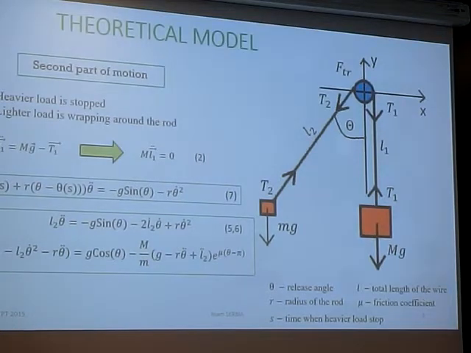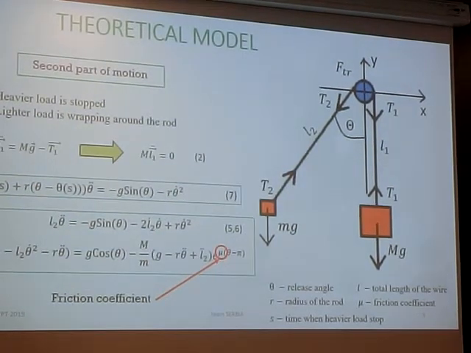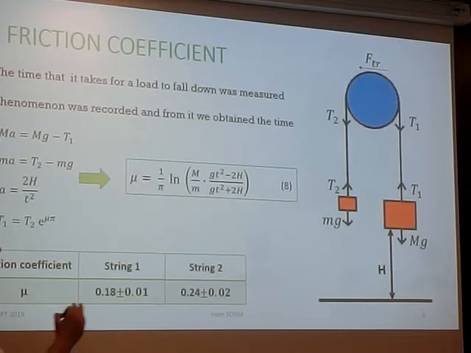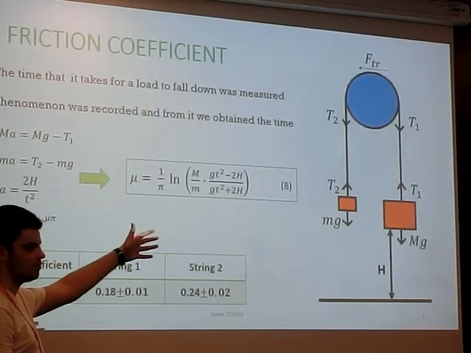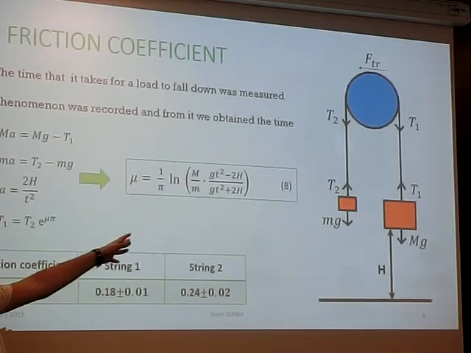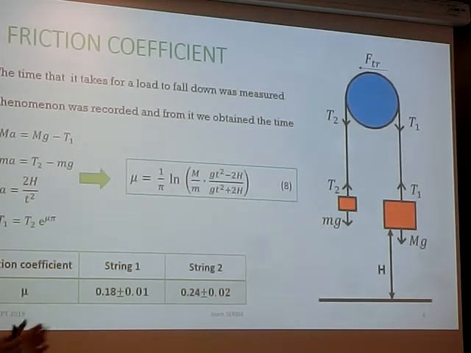All of the initial parameters can be measured except the friction coefficient, so the first task is to find the friction coefficient. To find the friction coefficient between rod and rope, we make a simple apparatus, like an Atwood machine. We connect two loads, one heavy and one light, with a rope over a rod. In that case, there is a dynamic friction coefficient between rope and rod.